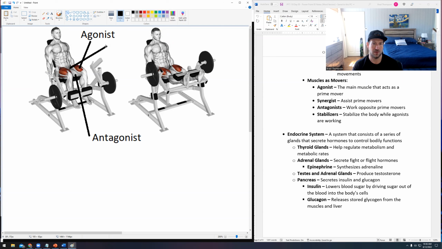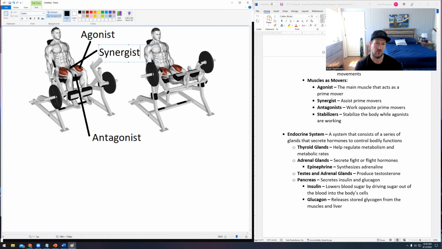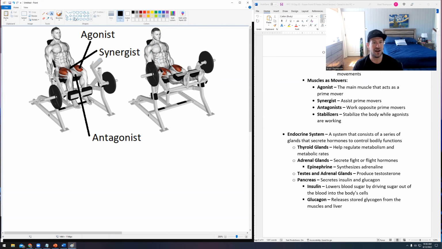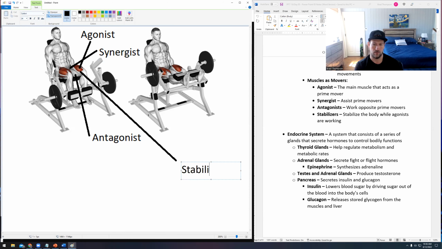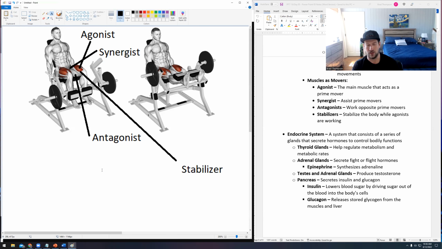So we'll go up to the hip and say that that's a synergist. And then you might have a sartorius muscle or a little stabilizer in the knee that is just a stabilizer, right? And that's there holding the whole thing in place. So the hamstrings are an antagonist, the quadriceps are an agonist, and then you've got little synergists.